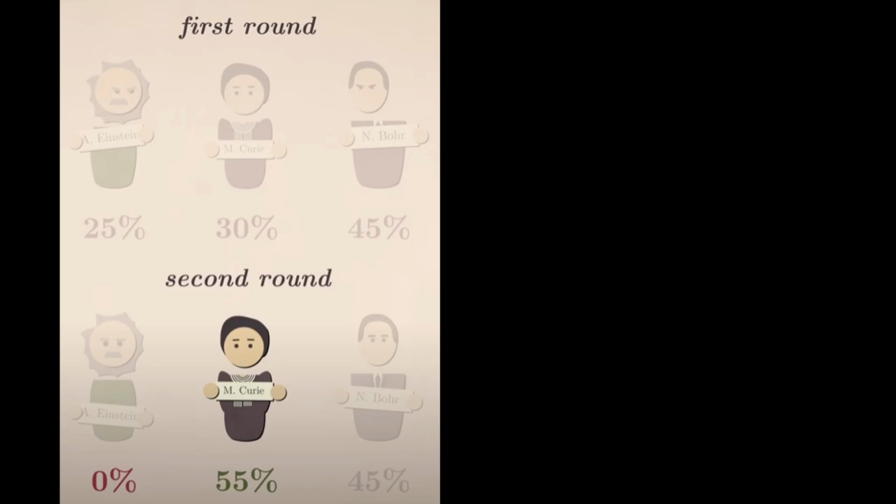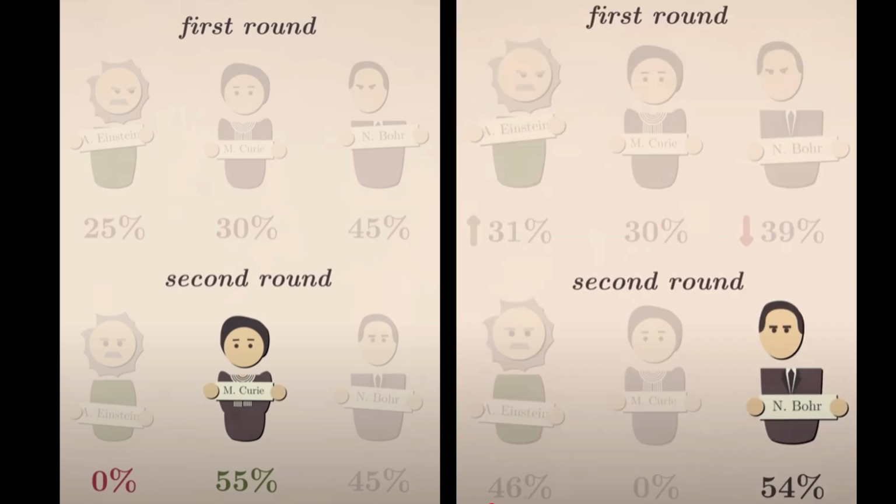The selection of Madame Curie after the second round with 55% might be a good choice, but we find out later that half of her supporters chose Bohr as their second preference. In light of the fact that he had 45% of the first preference votes, that 15% takes him to 60%, so perhaps he's the best choice.